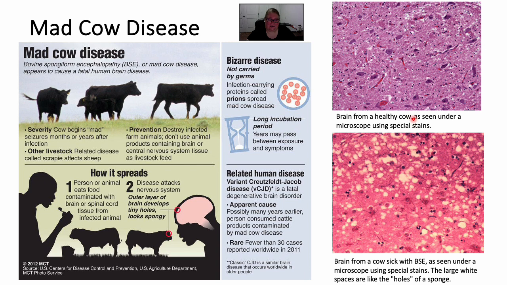We have a lot of regulations now that tell us that we can't feed cow parts to cows. So we don't really see a lot of mad cow disease here in the US. It was more prevalently seen in Canada and in the UK, where there weren't such strict feed laws for livestock.